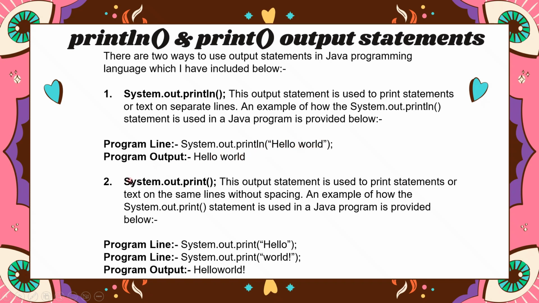Now, what about the second type of output statements? This is the System.out.print statement. Now, this statement is used to print statements or sentences or text or information on the same line without spacing.